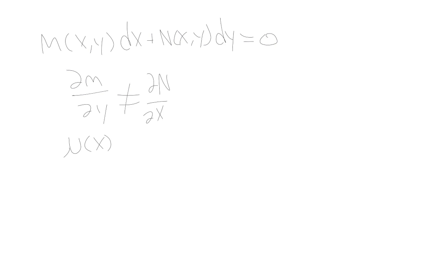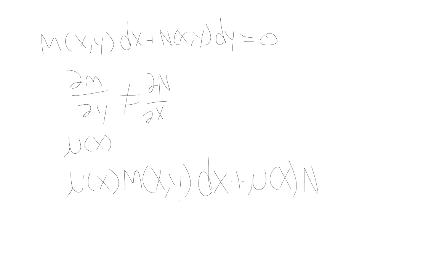And assuming that I multiplied my entire differential equation by mu of x, I would end up with mu of x times M of x y dx plus mu of x times N of x y dy equals 0.